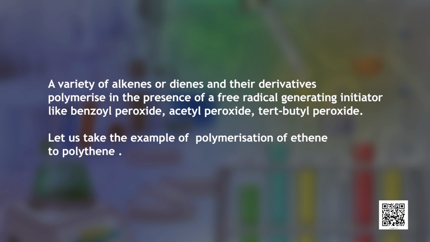Let us take the example of polymerization of ethene to polythene. Many concepts of polymers can be well understood with the help of the example of polymerization of ethene to polythene only.